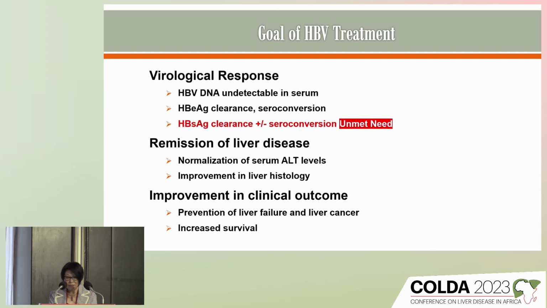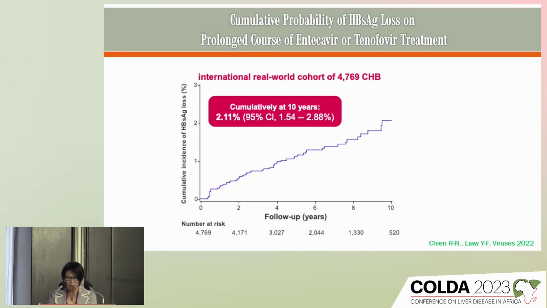However, this is an unmet need, not just in resource-limited areas. Even with prolonged therapy, with our frontline therapy with entecavir or tenofovir, up to 10 years, the cumulative loss of surface antigen is only 2% in this international real-world cohort of over 4,700 patients.